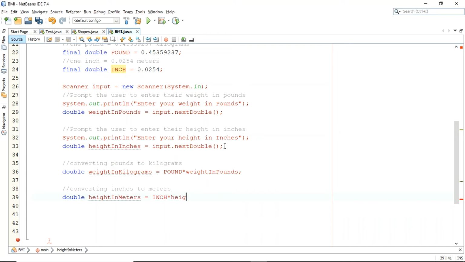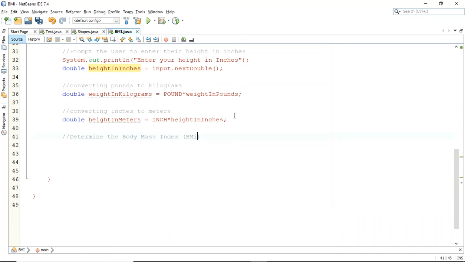Now that we have our height in meters and our weight in kilograms, we need a variable to store that.